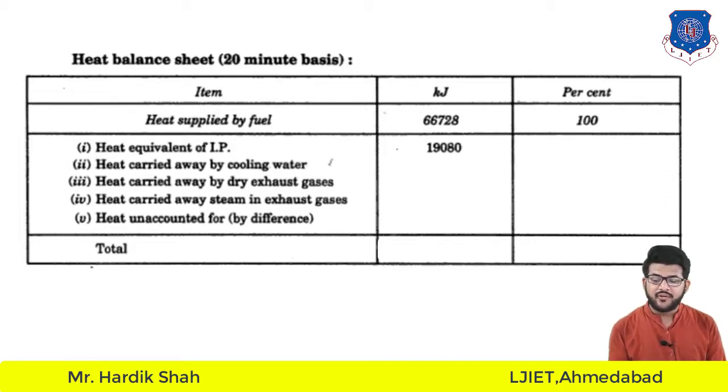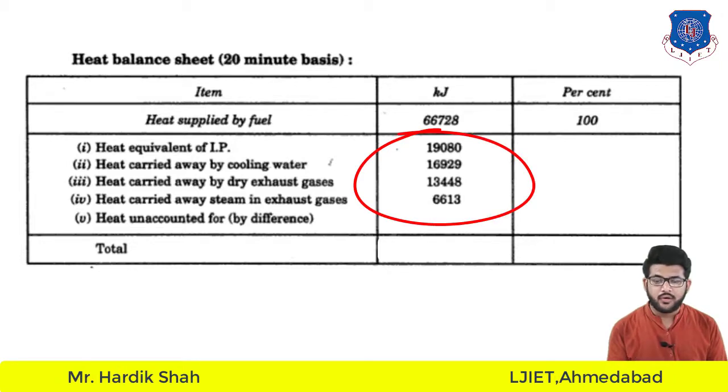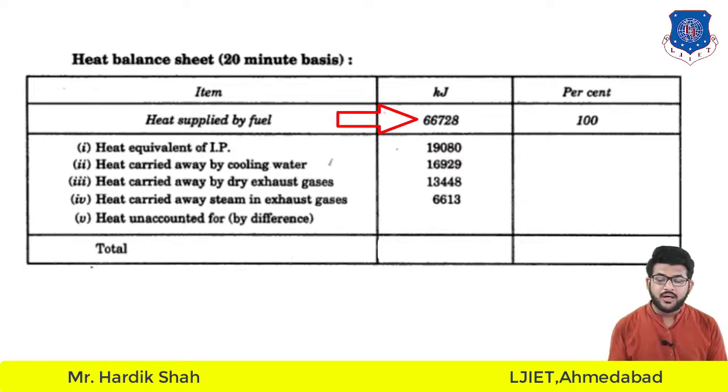Thereafter, heat carried away by the cooling water is 16929, exhaust gases 13448, steam 6613, and unaccounted. Now what are the unaccounted losses? We do a summation of all these four: IP, cooling water, dry exhaust and steam, and thereafter we subtract this summation from the main heat supply, that is the heat supply by the fuel.